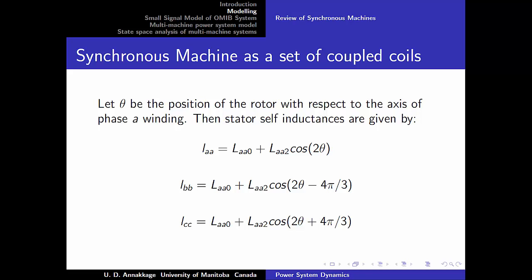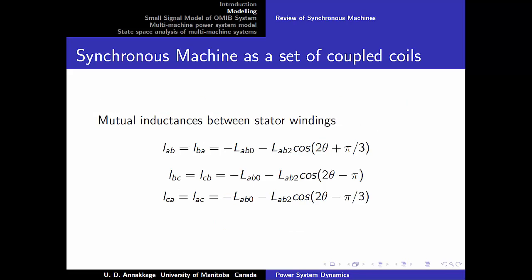These equations describe how the stator self-inductances vary with the relative position theta of the rotor. These equations show the dependency of stator to stator mutual inductances on the rotor position theta.